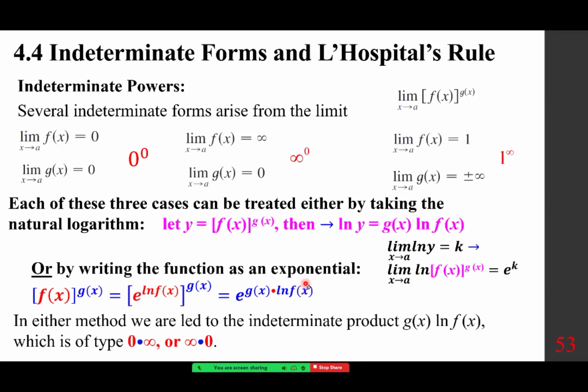In either method, we are led to the indeterminate product g of x times ln of f of x, which is of the type 0 times infinity or infinity times 0. If we go this route, the answer is e to the power of k. This one already gives you e to that power. So either way works out as long as you know what you're doing.